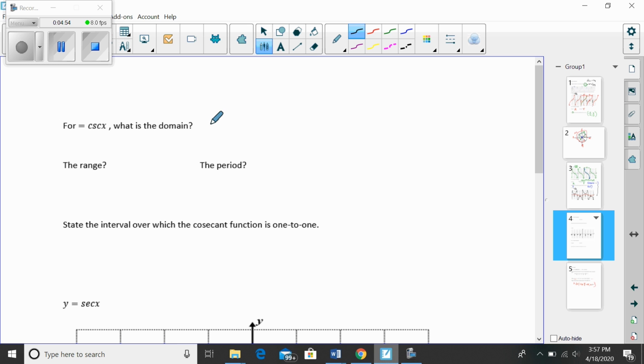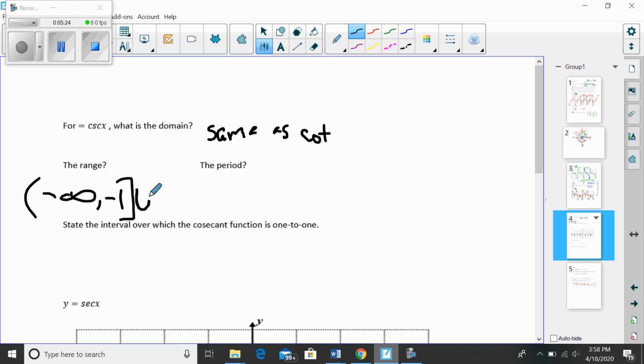All right, so anyway, let's answer some of these questions. What is the domain? Same as cotangent, so I'll let you fill that in. What is the range? Well, I go from negative infinity up to -1, and include -1, so that is closed.